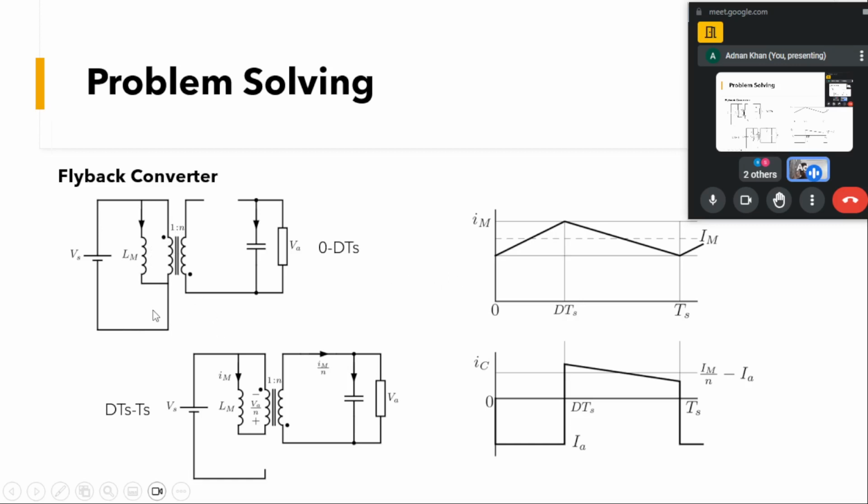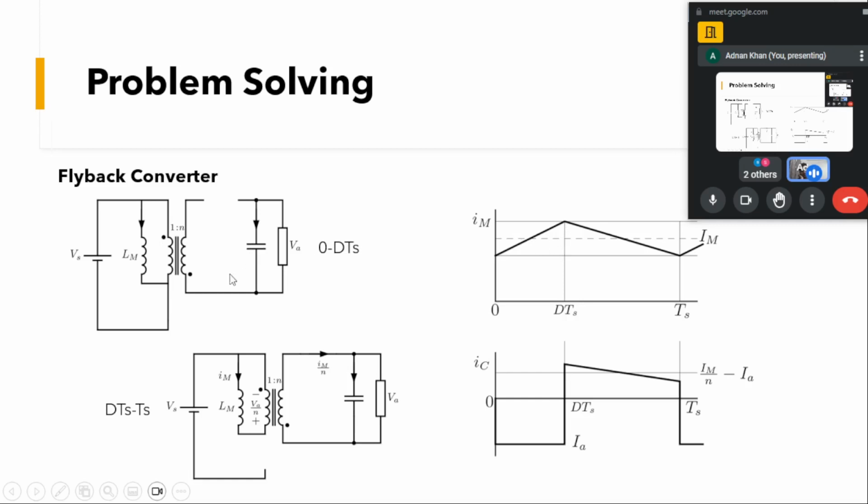So for this interval 0 to DTS, the current will flow through this magnetizing inductor and it will start to charge. When positive voltage is applied across it, we have a positive di by dt. So current will rise from some zero value to some peak value.